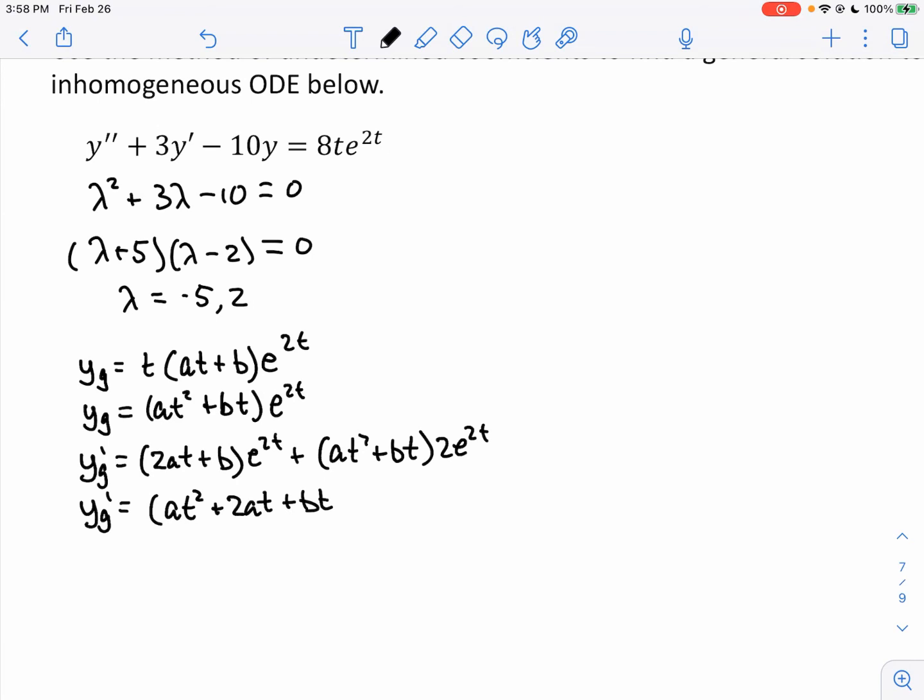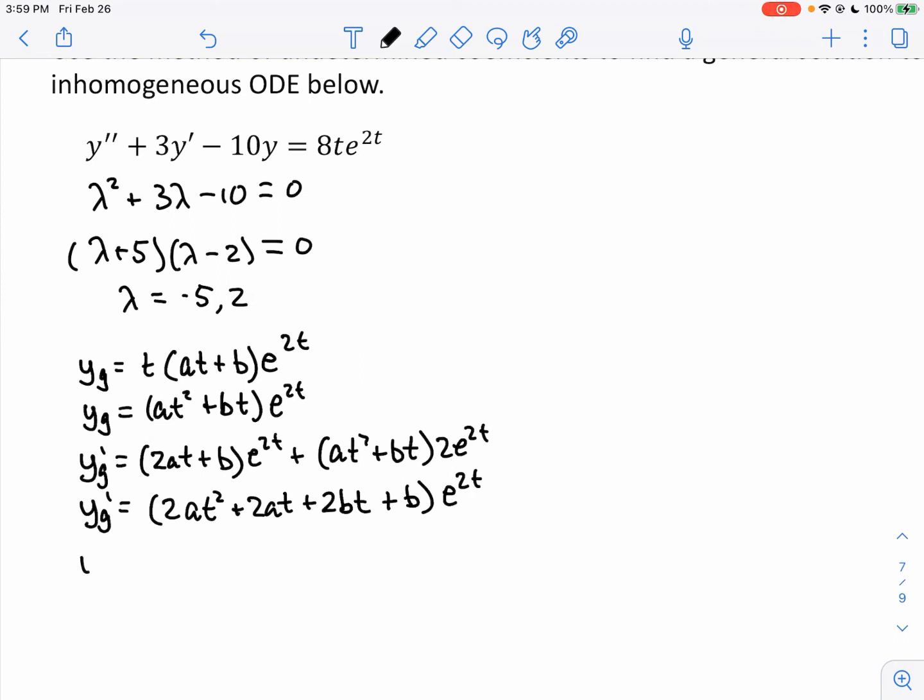And then oh, I forgot to double. Silly me, I almost forgot that 2 there. That's going to double. So we're actually going to have 2at squared plus 2bt's, and then plus the 2at that's there. Okay, then plus the b. That's the only thing I don't have yet. Plus the b, and then the e to the 2t factored out. So there's my first derivative.